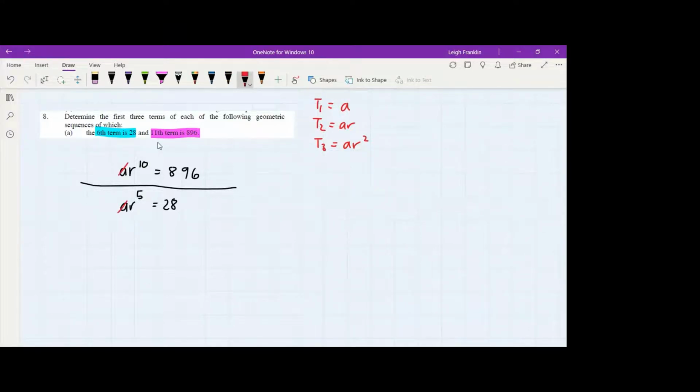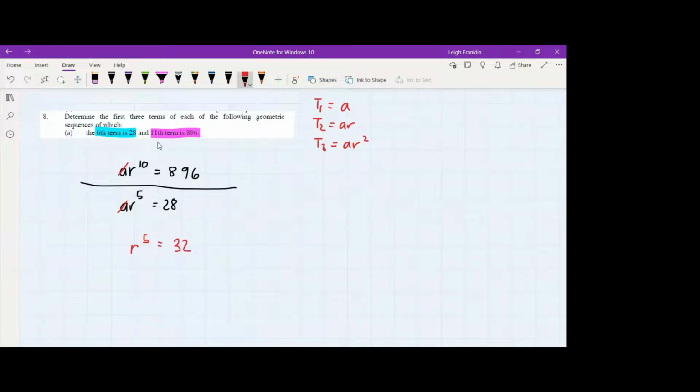I've eliminated the A. And when I divide R to the power of 10 by R to the power of 5, I keep the base and I subtract the exponents. Now I need to do the same thing with the numbers on the right. So I need to calculate the value of 896 divided by 28. Right, that gives me 32.